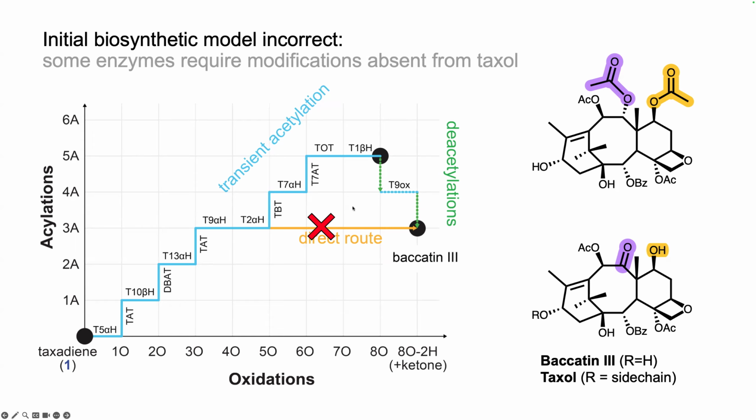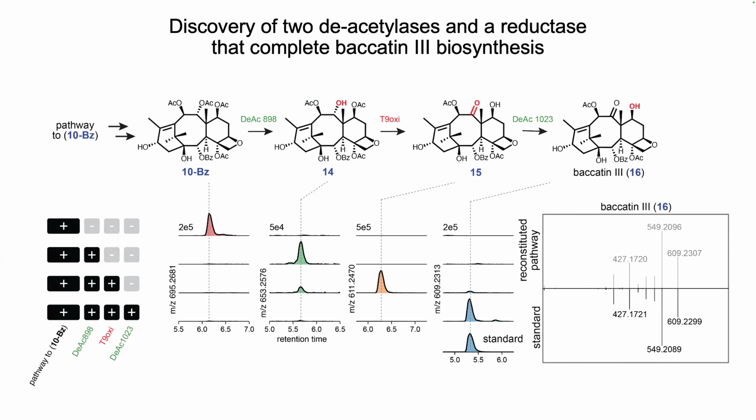Of course, this meant that we ended up with an intermediate that had these extra modifications, and we needed to go and find extra enzymes to remove them at the end of the pathway. But here, we could take that same co-expression approach. We tested some hydrolases from our Taxol modules and identified two that were efficient deacetylases capable of removing these temporary modifications at the end of the pathway.